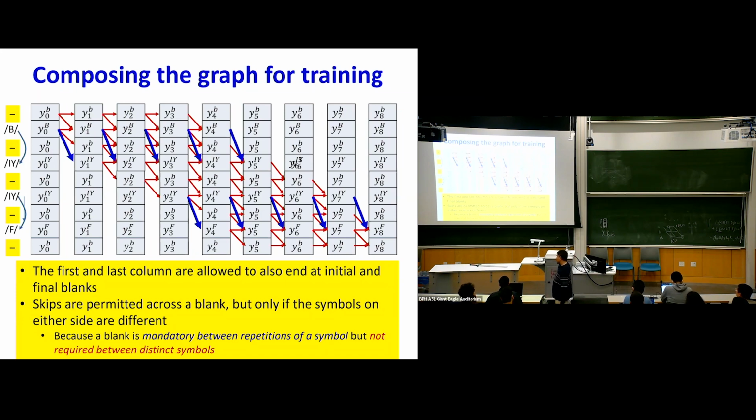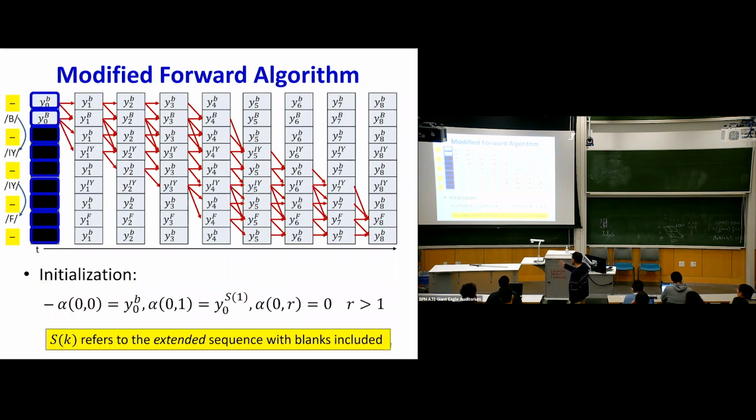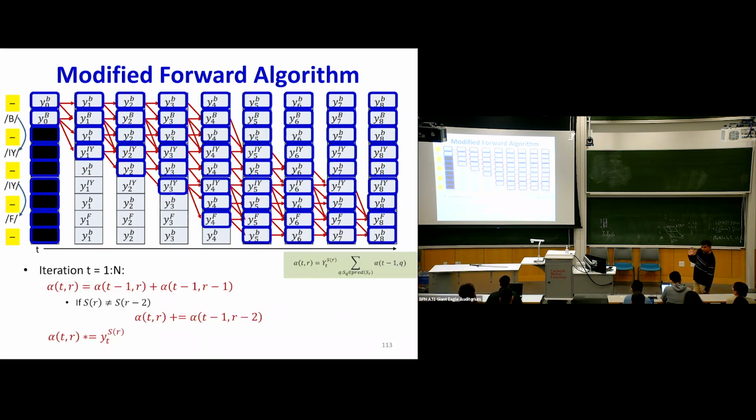I can do my forward algorithm, same as before, except now in the first time instant, I could begin from either of these nodes, correct? And then I'm going to use the same algorithm as before, where I go down the column and sum the alphas over all the parents, and then multiply in the node probability, except that in some cases I will have 2 parents, in other cases I'll have 3 parents.